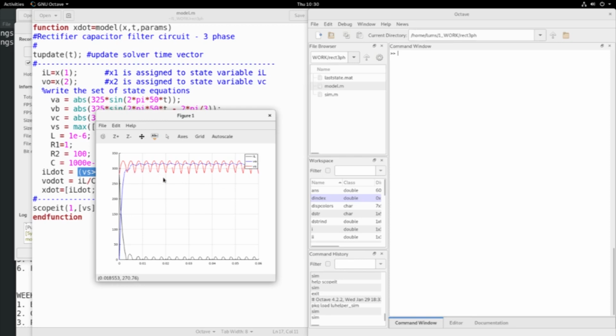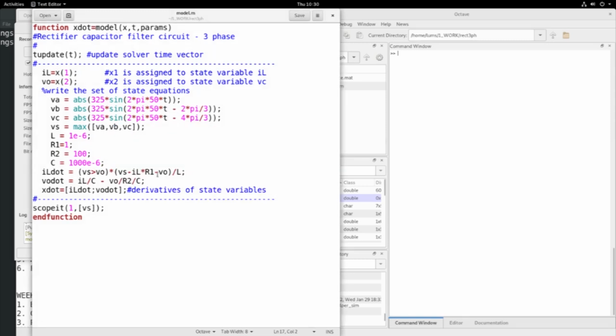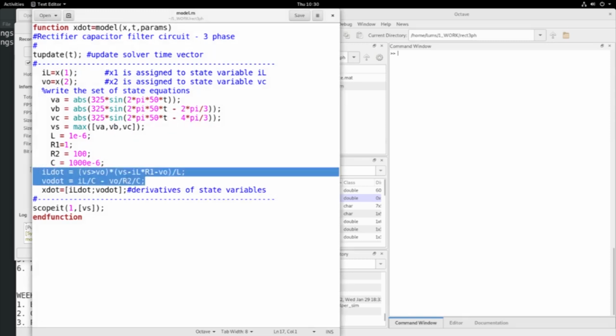Here again, you are encouraged to obtain more insight into the circuit by probing different voltages and branch currents in the circuit. So this is equation-based modeling, with the equations directly being used for simulation in the Octave environment.